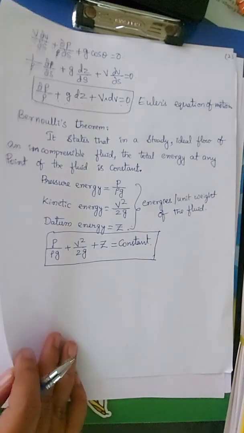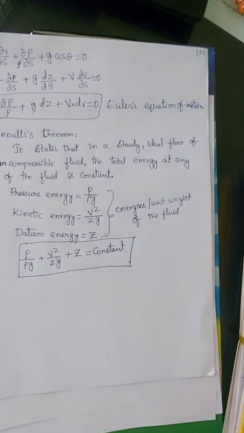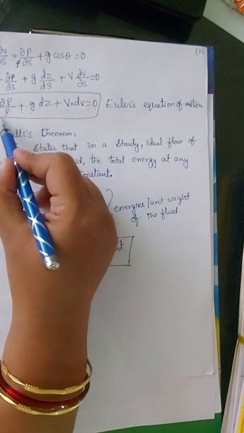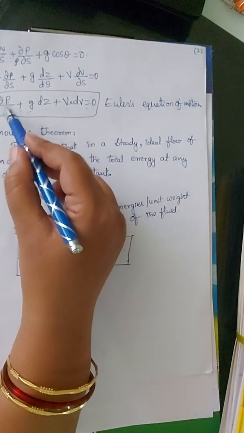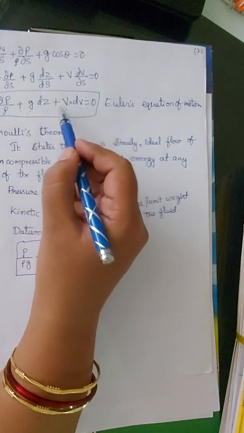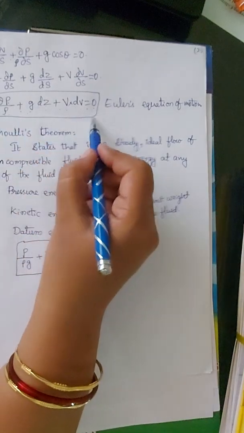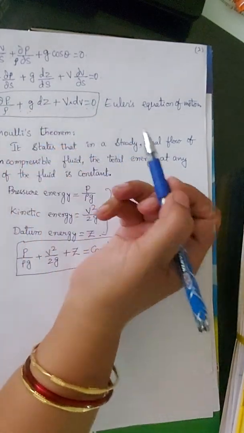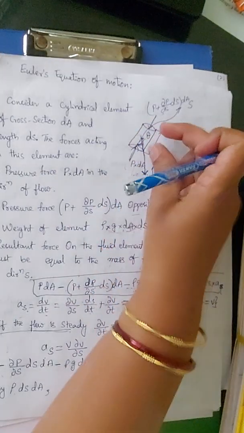How to derive Bernoulli's theorem? We will derive it from Euler's equation of motion. We have derived Euler's equation of motion in previous classes. That is, dP divided by rho plus g dz plus V dV is equal to 0. We derived this Euler equation by considering a small fluid element.